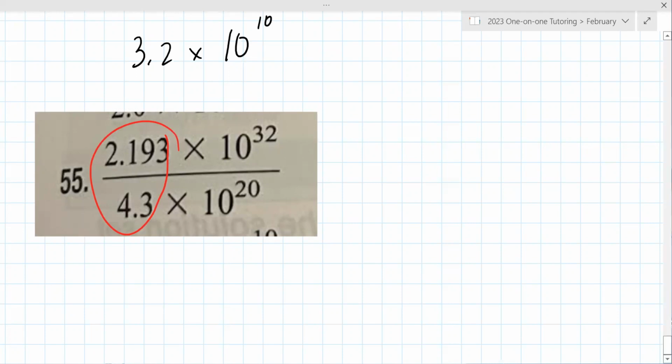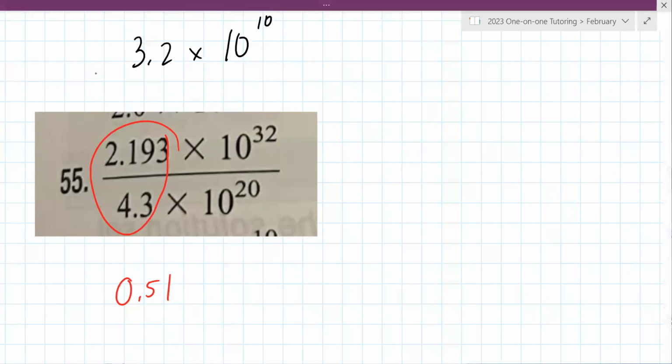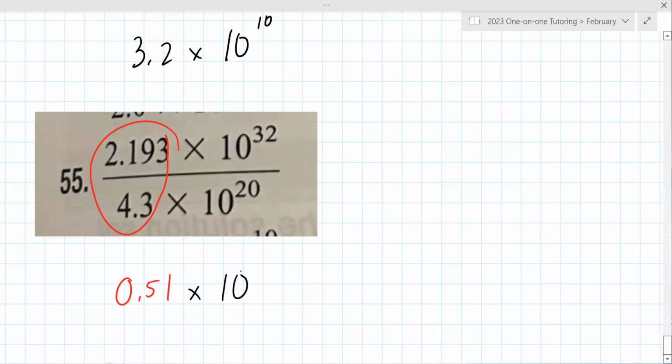I got 0.51. 0.51 times 10 to what power? What's the power here on the right? 12. Good. Now, is the base between 1 and 10? No. So we have to move the base to the right.